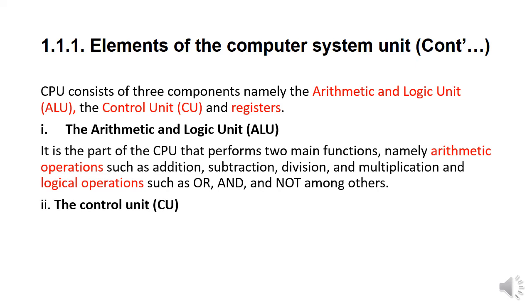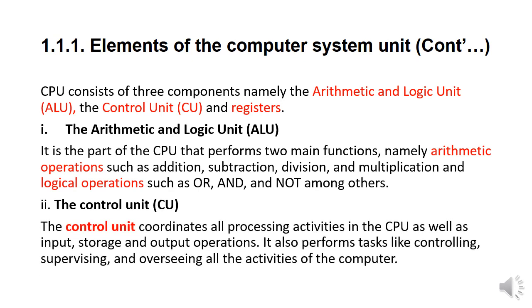The second part is called the control unit. A control unit is a part of the CPU which controls the operation of hardware and software.